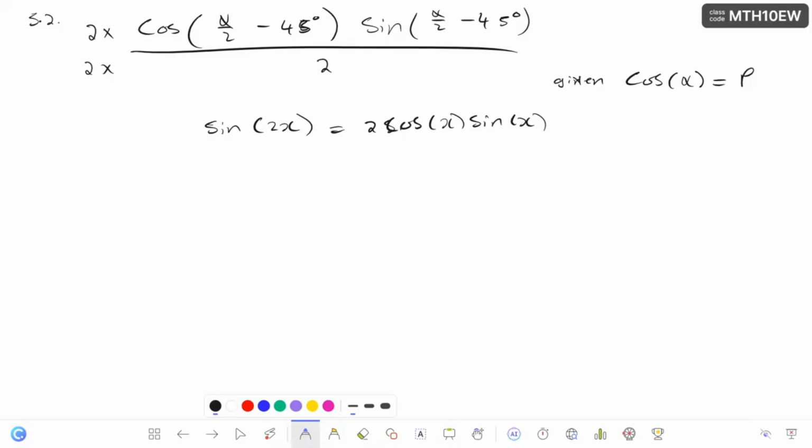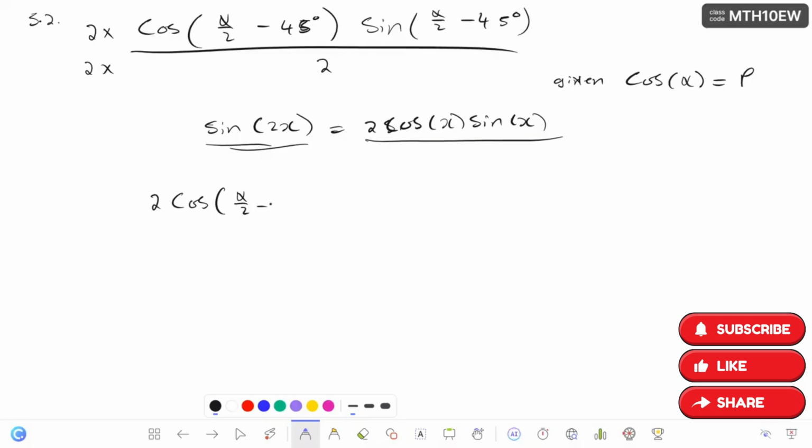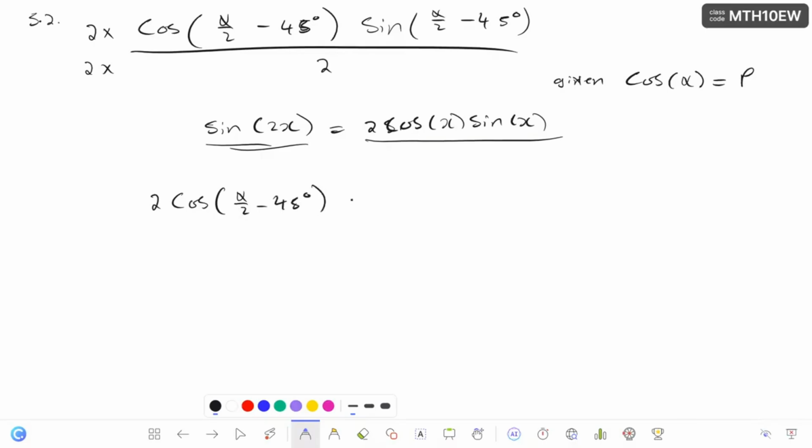It's not changing the identity. We are just trying to have this form so that we can rewrite it like this. So this one, if we multiply here, is going to be 2 cos of (alpha over 2 minus 45 degrees) sine of (alpha over 2 minus 45 degrees).